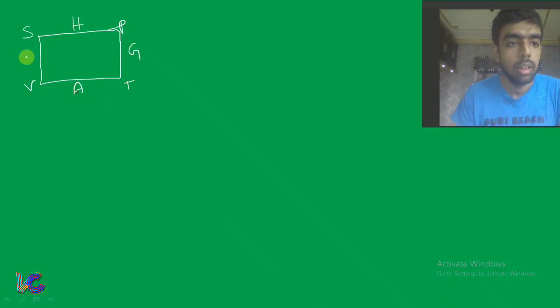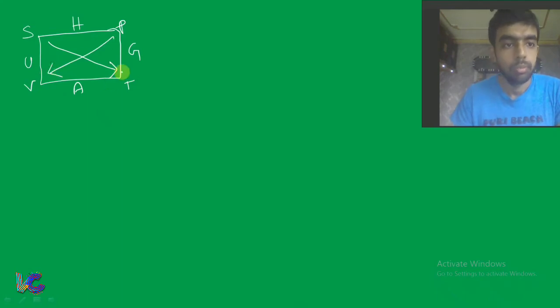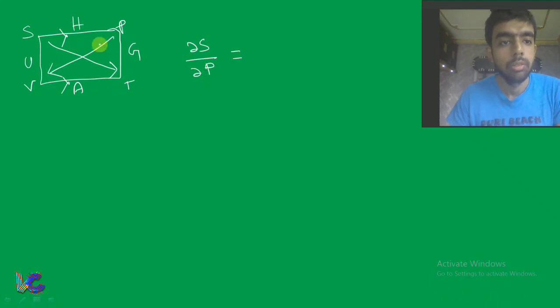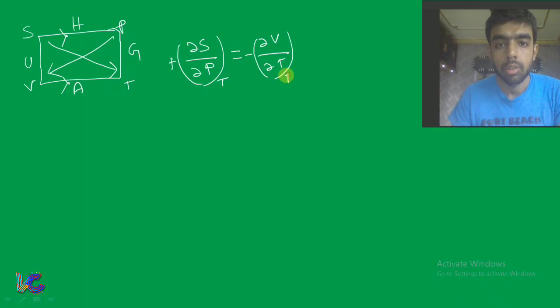S to T, P to V. Now you give arrows S to P and V to T. So from S to P, that means del S by del P is equal to V to T, that means del V by del T. From S the arrow is moving away, so positive, and the arrow is going to T, so constant T. Now V: the arrow is coming closer to V, that means negative sign, and the arrow is coming from P, that means at constant P.